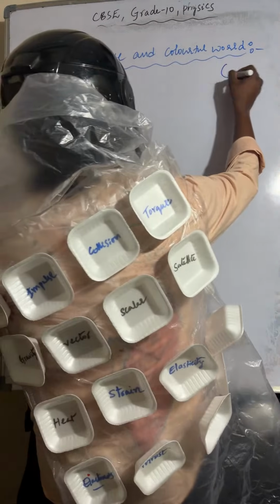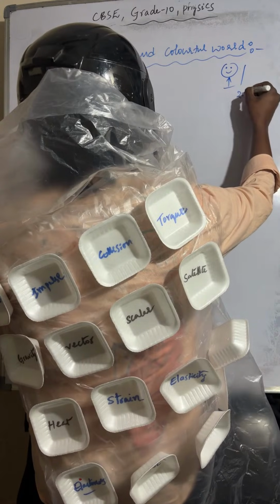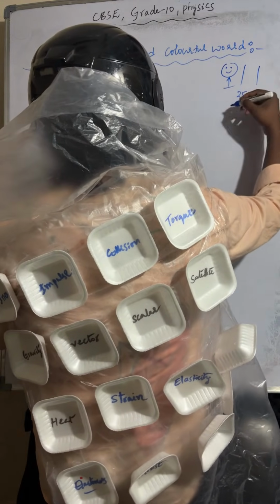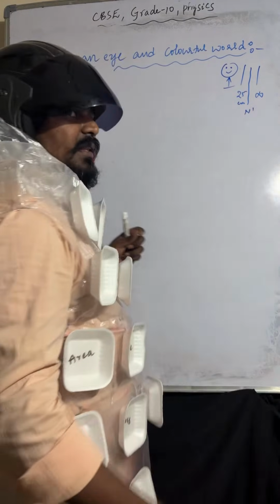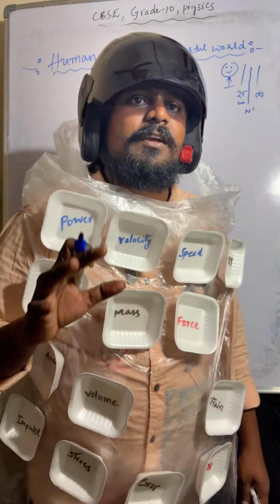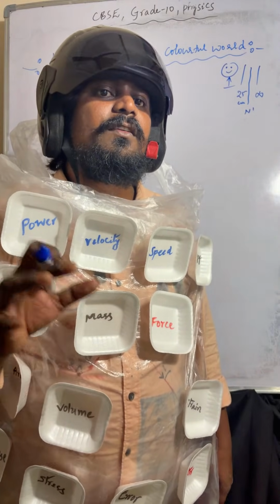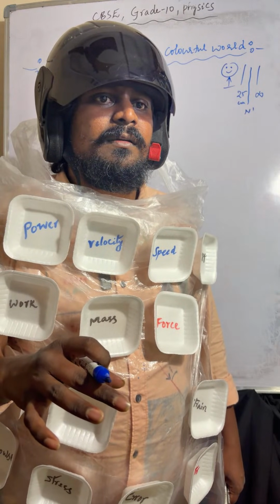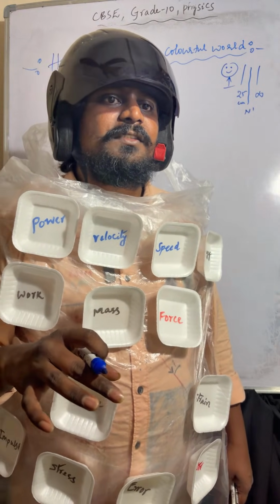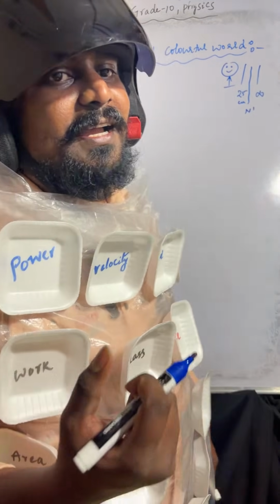So this is the hypermetropia person I am taking. This is 25 centimeter and this one is infinity. Between 25 to infinity you can see. That is the near point of hypermetropic eye. Understood?